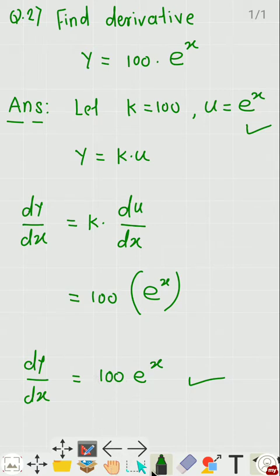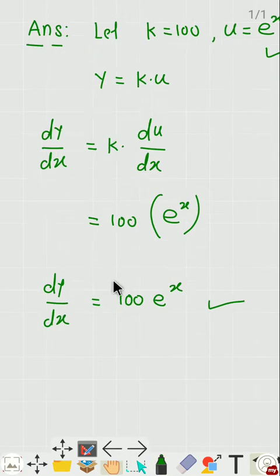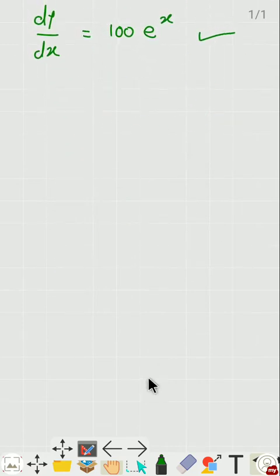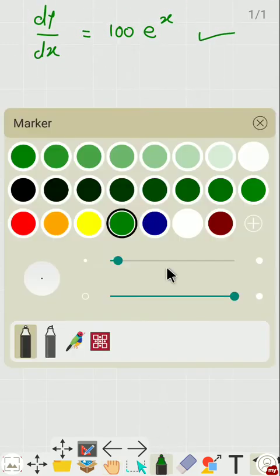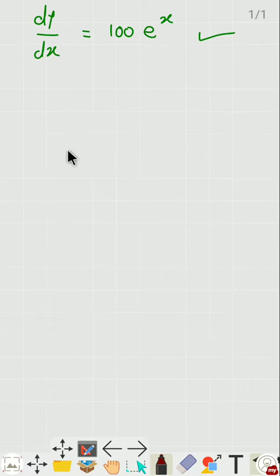Now go to the rule number third, rule of multiplication. Okay, go to the rule number 3. Rule 3, multiplication of functions.